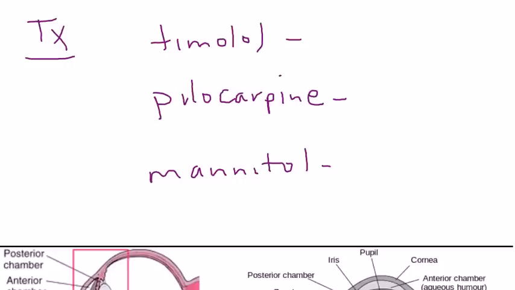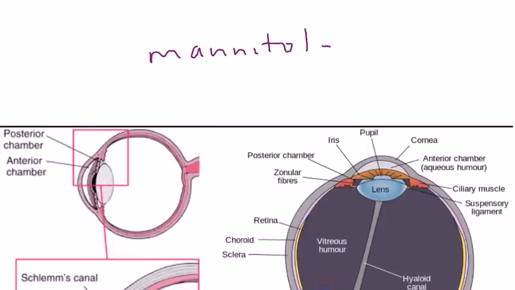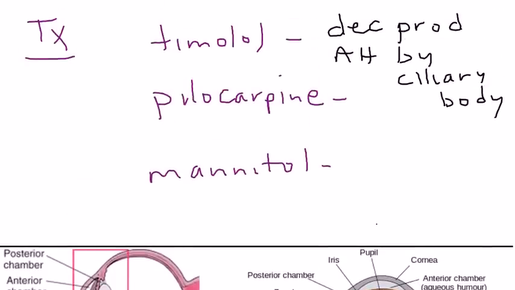Timolol, of course these are all going to be given as eye drops, decreases the production of the aqueous humor by the ciliary body. Remember the ciliary body, do we have it in here? Yeah, here we go, right here. That is what's responsible for producing that fluid known as the aqueous humor, and timolol decreases the production of it, so that helps decrease the intraocular pressure.